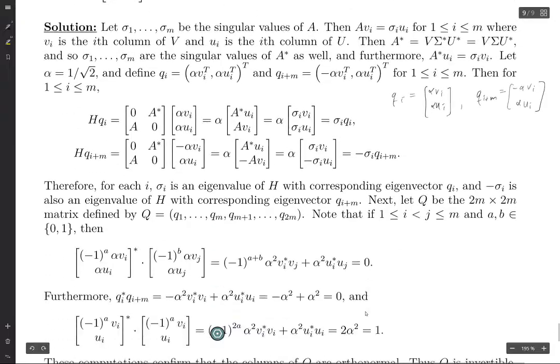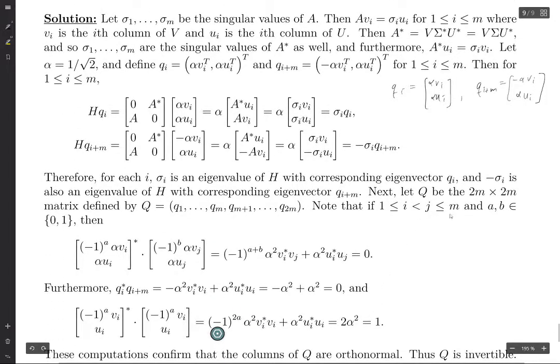So anyways, if you choose any i and j between 1 and m, and assume that i and j are not equal, and you choose a and b to be between 0 and 1, basically what I'm doing here is computing what would happen if you take the inner product of two separate columns of capital Q. Here we're assuming you're not taking the inner product of a column with itself, and you're not taking the inner product of the column Q_i with Q_{i+m}.